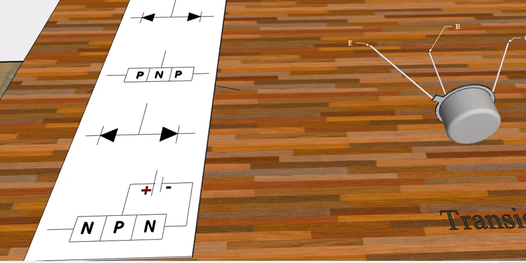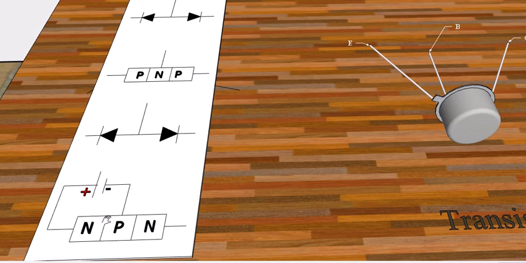Now, to understand reverse bias, we have to change the polarity. Earlier we made P-type positive and N-type negative for forward bias. Now we are making P-type negative and N-type positive. So we are connecting opposite polarity, like negative to positive, positive to negative.